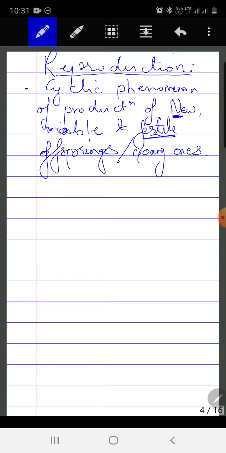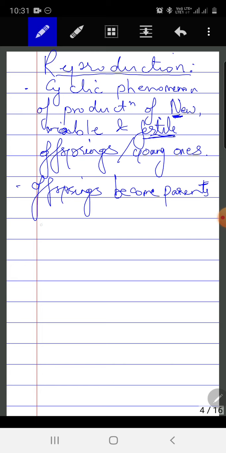Simply you can say the offspring become parents. You have studied this in 10th and further detail would be there in your 12th class. There is a complete unit, reproduction. So you have got this basic idea what is reproduction.